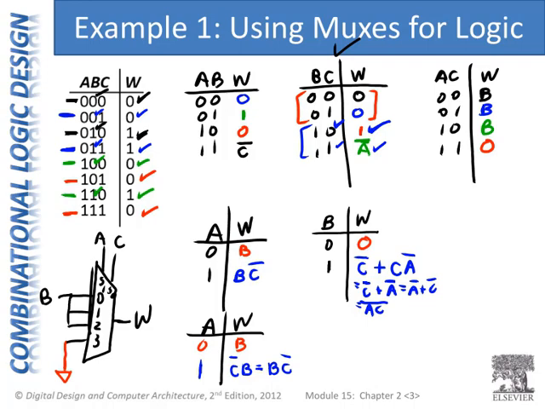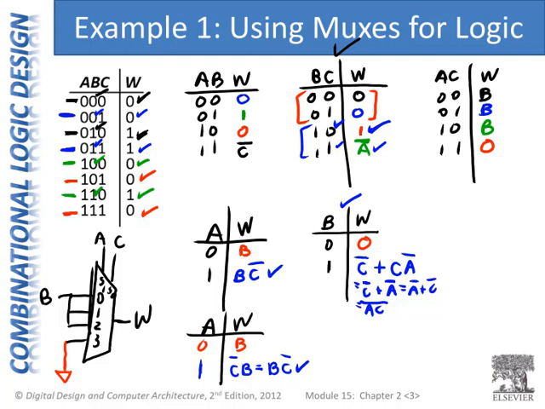So that one requires just a single gate. This one requires two gates, an AND gate and an inverter. So if these were our only choices, we would definitely choose this one because it requires just a single gate, an AND gate.